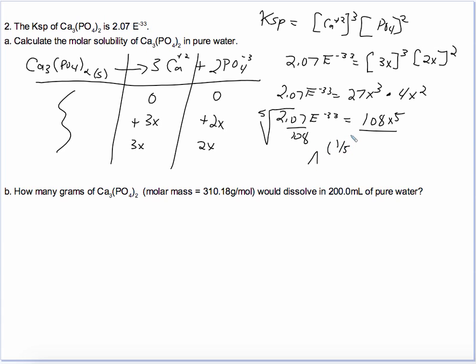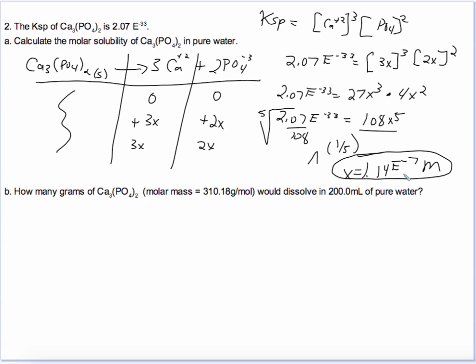Remember, on your calculator you can just go caret 1 over 5. That will take the fifth root of it. And so I end up getting that x is equal to 1.14 e to the minus 7 molar. That is the molar solubility.